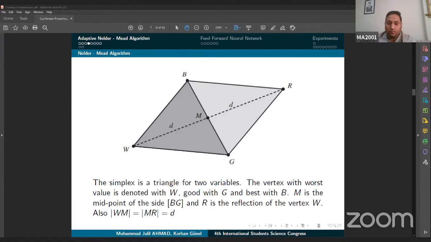In the second step, we will take the reflection of this W point, which will be on this side, and we have calculated the value of our function on this R point as well. And if this value is less than the initial value, then this is the point we were looking for. Otherwise, as I said earlier, we will get to our step number 3.